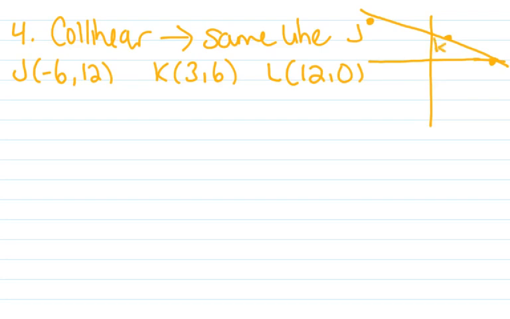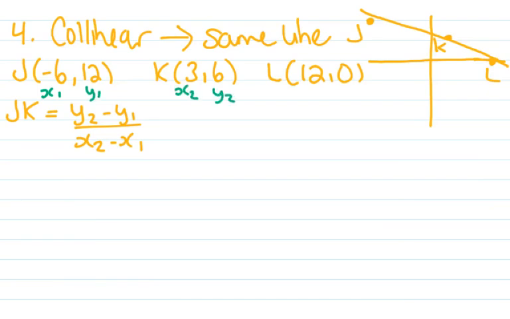So J, K, L. So I'm going to check the slope between J and K. I'm going to use that same formula, y2 minus y1 over x2 minus x1. I'm just going to label these as x1, y1, x2, y2. So y2 is 6 minus y1, which is 12.